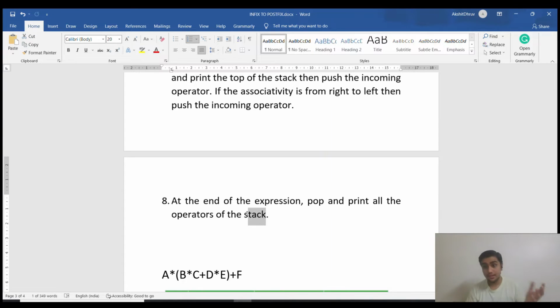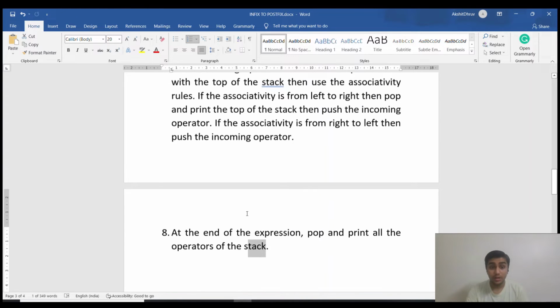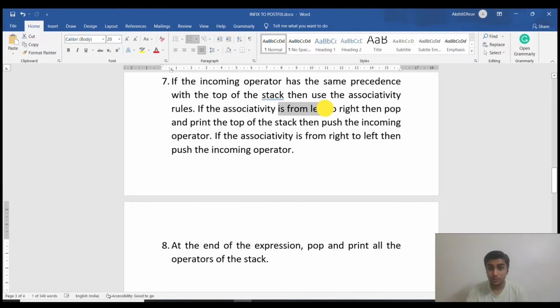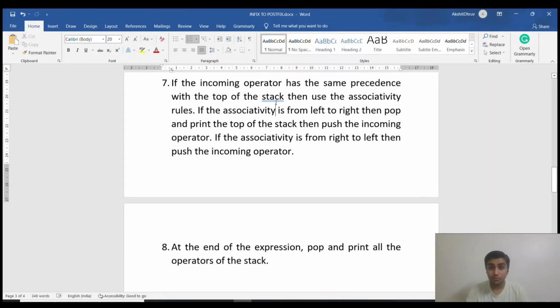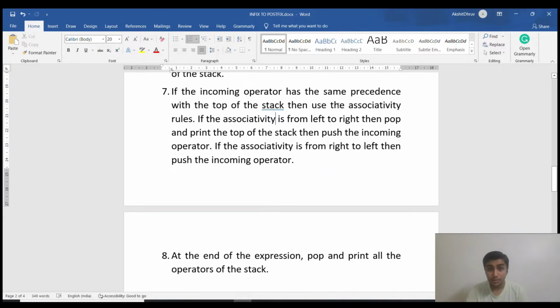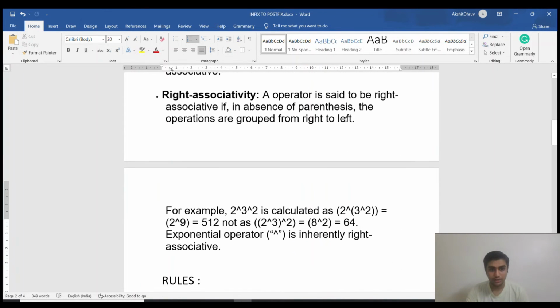If it has the same conditions, like plus and minus, already plus is there and minus is coming, then what is written: if it has the same precedence as the top of the stack, then use the associativity rule.